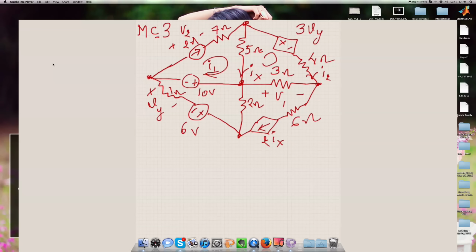This is mesh number 2, I sub 2 flowing in the mesh, this is 2, and let's say 2 ohm, plus minus V sub 1, 2 I sub x, 6 ohm. This is mesh number 3, I sub 3. It's pretty tricky to write those things. V sub y is 6 volt, 10 volt, and I sub 4.